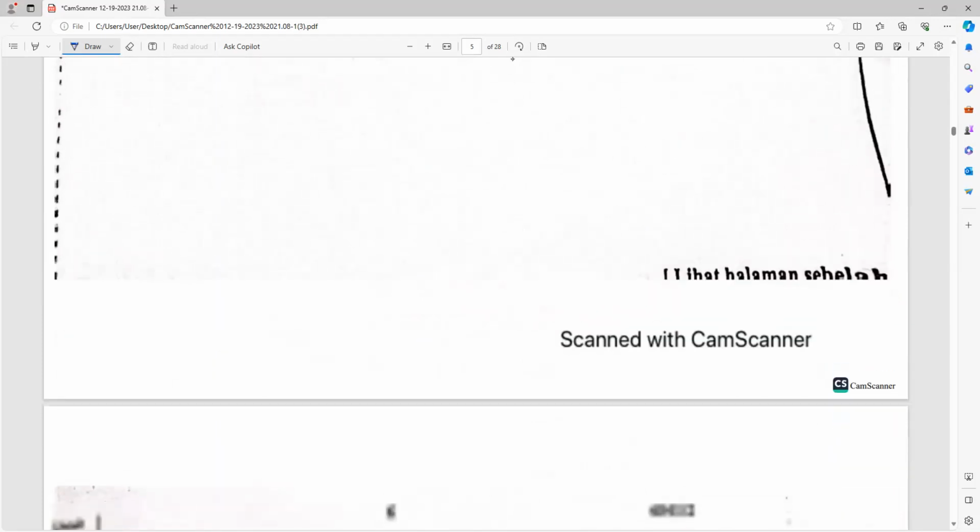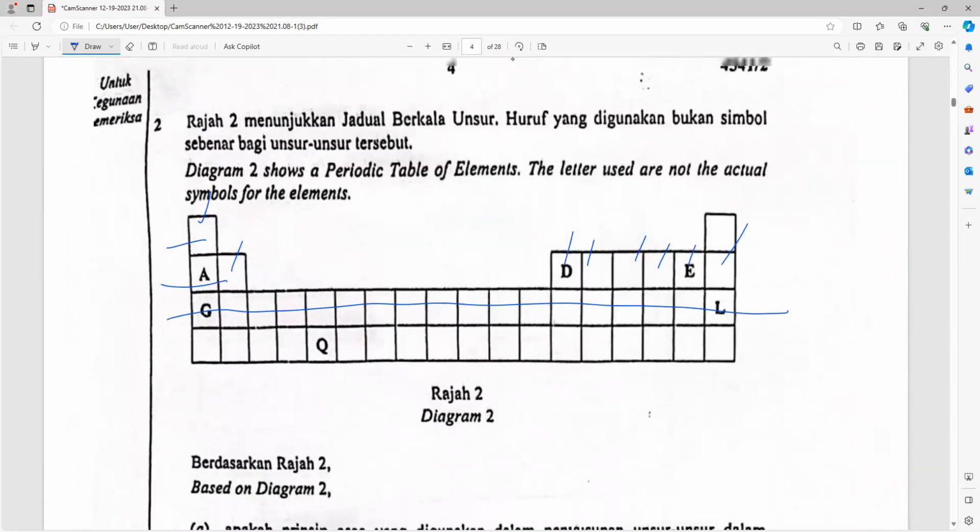If the teacher wants to ask you another question, let me look at this one again. Arrange element A, D, E, G, L from the smallest to the biggest in increasing order.